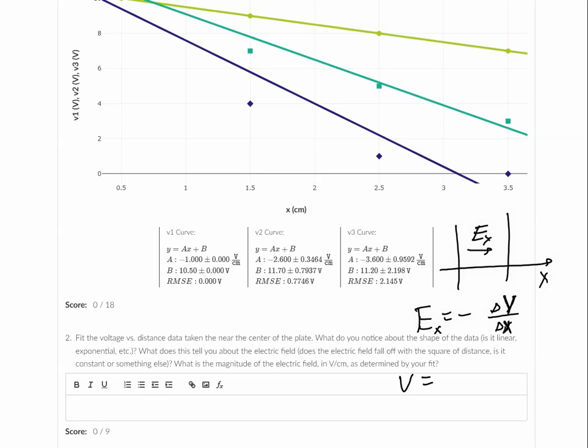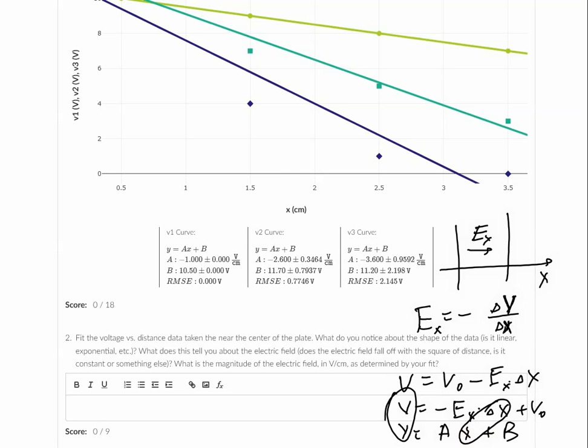So V final will be equal to V initial minus Ex times delta X. And rewrite it in a form similar to the fit you're using, y equals ax plus b. And of course, again, you know that y represents potential because that's how you set it. X represents distance, b initial potential.